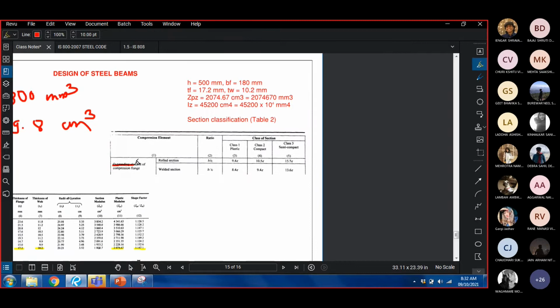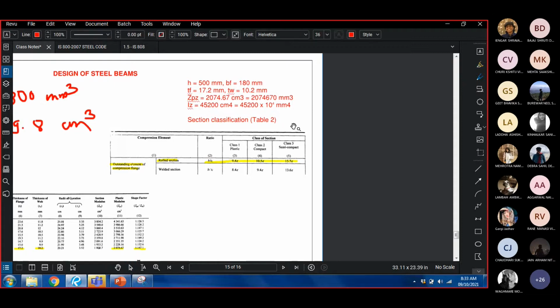So what we need is the outstanding element of a compression flange. Then we have a rolled section. Then we need B upon TF.